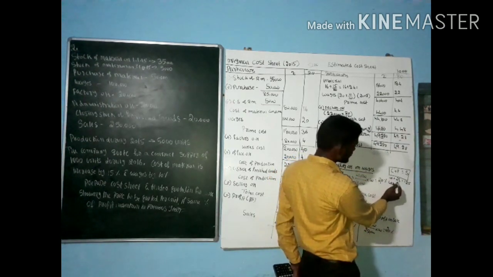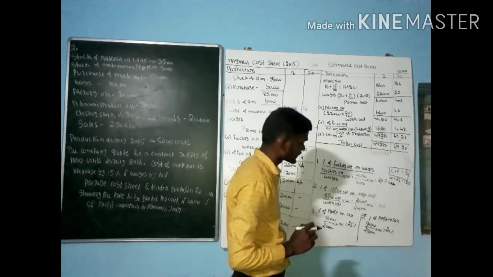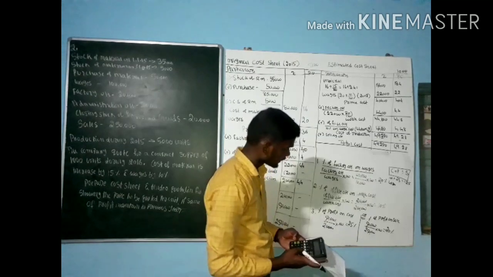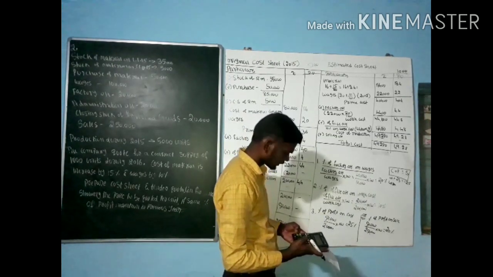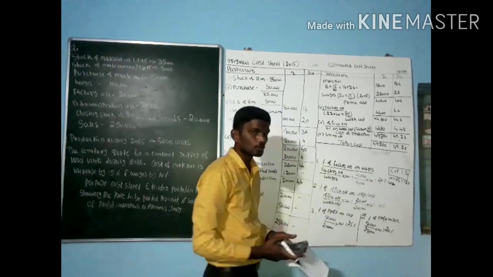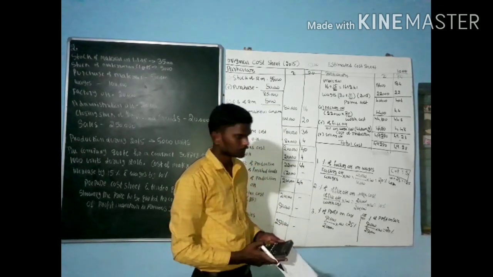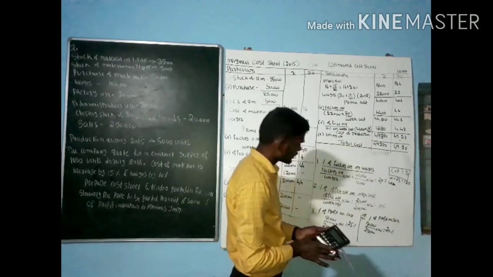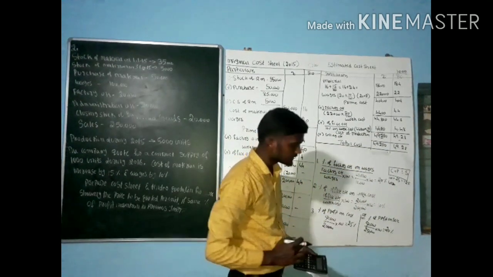What is the value for 25%? So go for cross multiplication: 49,280 into 25 divided by 100, that is 12,320.